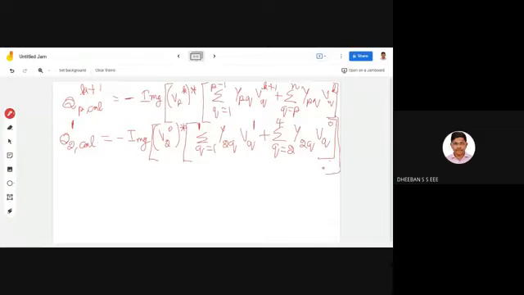So let us expand it. Minus imaginary of V2 naught star into y21 V1, so this is a single element, plus y22 V2 naught.